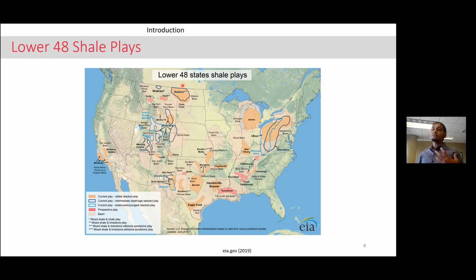And so prolific, in fact, that the US has been the largest oil producer for a very, very long time, probably close to about 8 to 9 years. I could be wrong on that, but definitely for a very, very long time. And it turns out that all of these are shales. And when we talk about shales, we're talking about really extremely tight reservoirs.